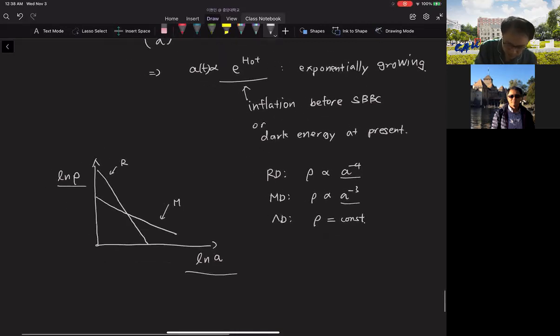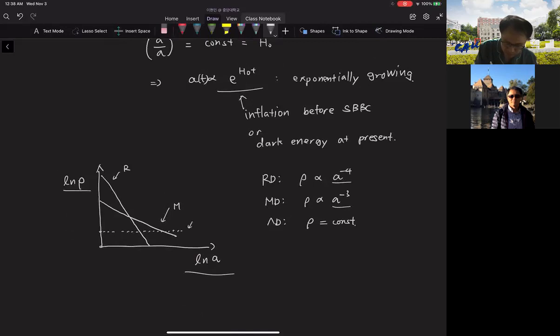It's the constant value. So this is the vacuum energy domination. The current universe is dominated by vacuum energy. So we are here. This is log of H at present.